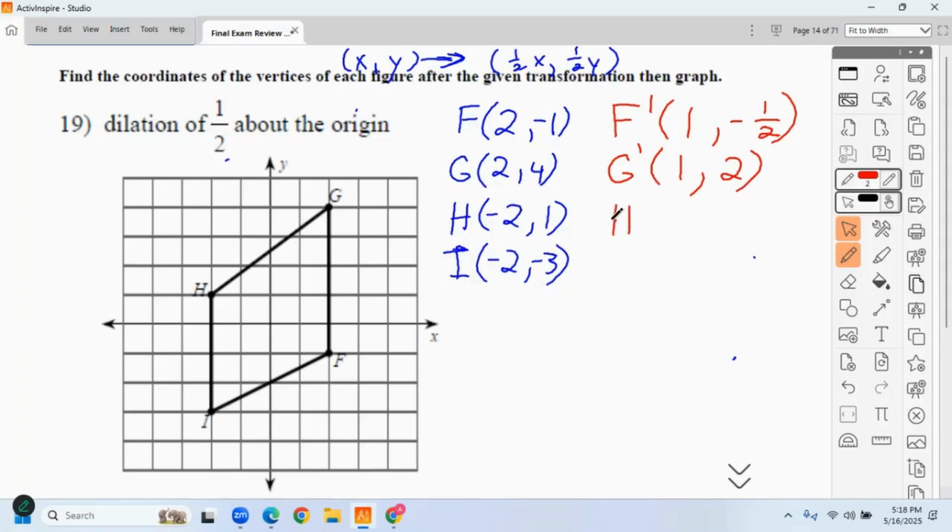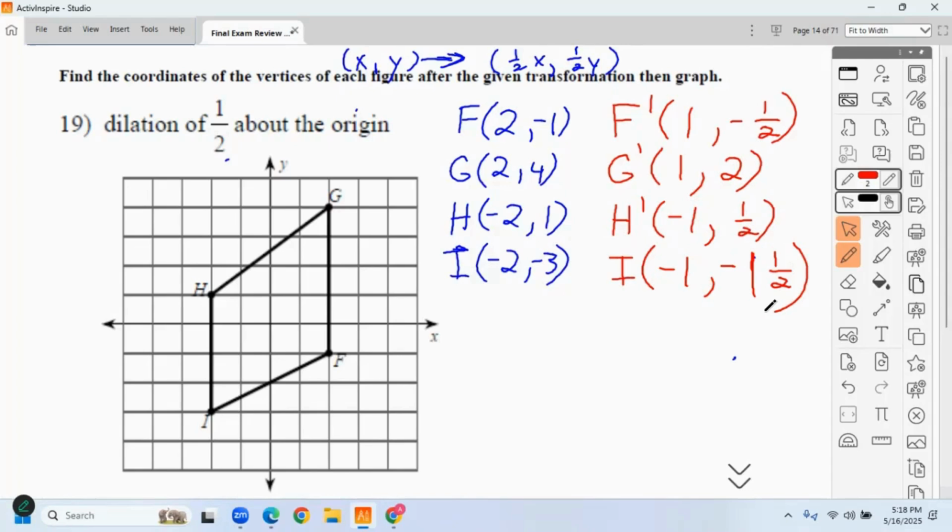We're going to have H prime. In this case, we're going to have -1, and this will be 1/2, right? And in this case, with the I, we're going to have a -1 and a -1.5. Nice.